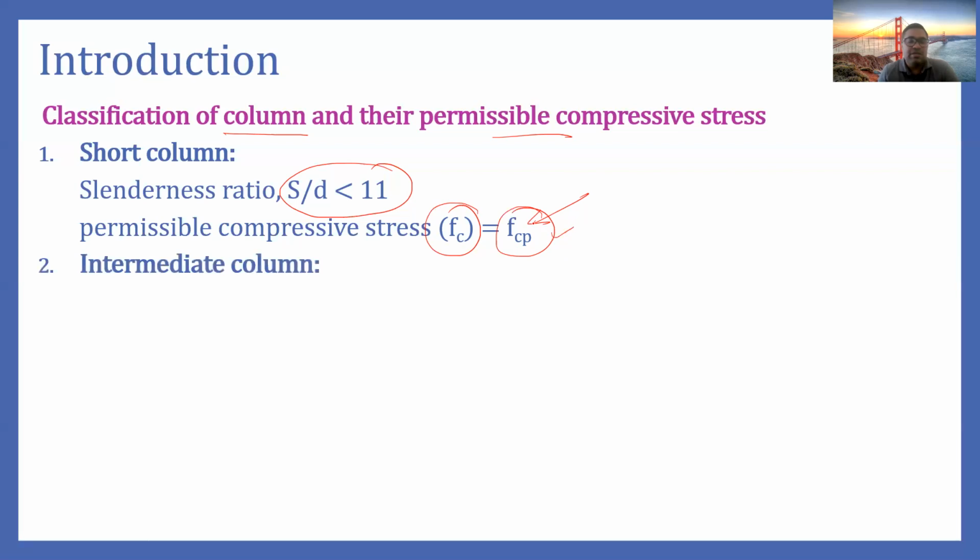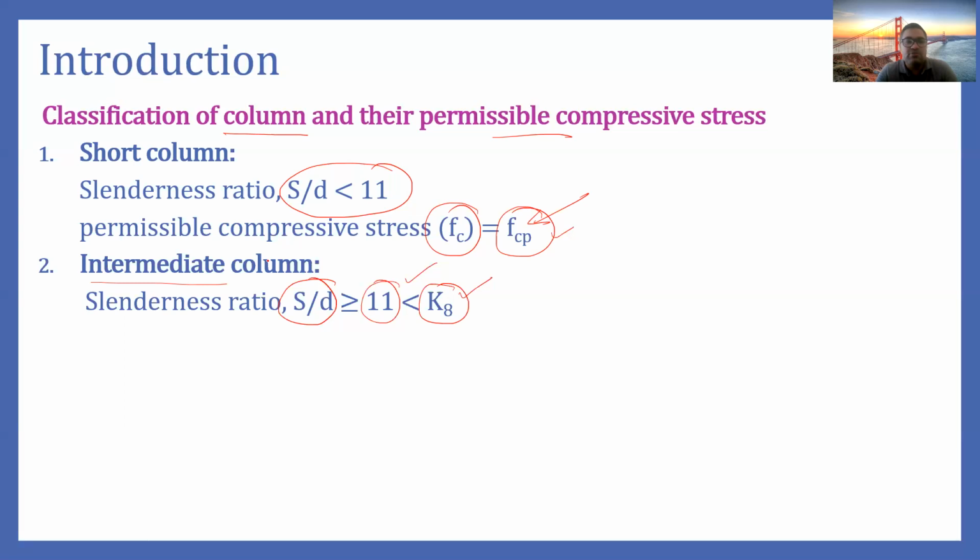Similarly, an intermediate column will be classified when the S by D value or lambda value is greater than or equal to 11, but less than K8. Now K8 is, again, a parameter which we have to calculate so that we can compare it to classify the column as an intermediate column.